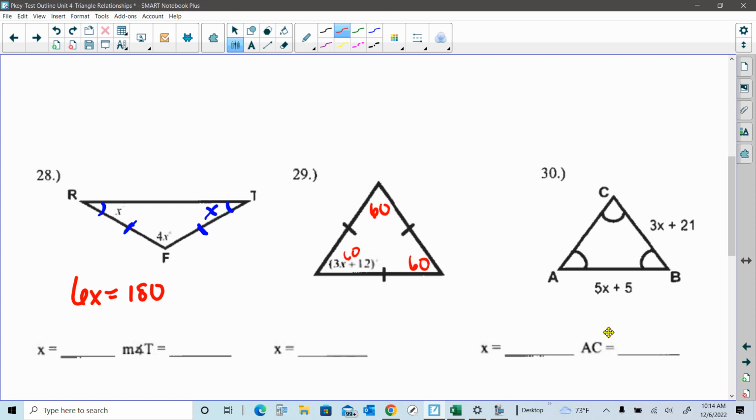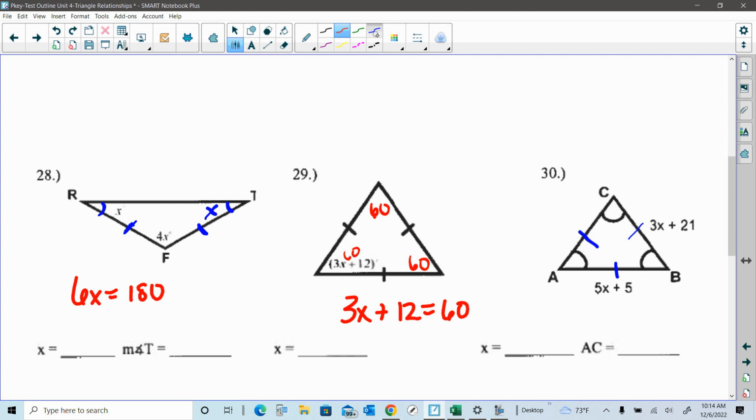So hopefully you knew that each of those angles was 60, which means your equation here would be 3x plus 12 equals 60. Since they're telling me each of these angles are congruent, hopefully you know that all of the sides are congruent.